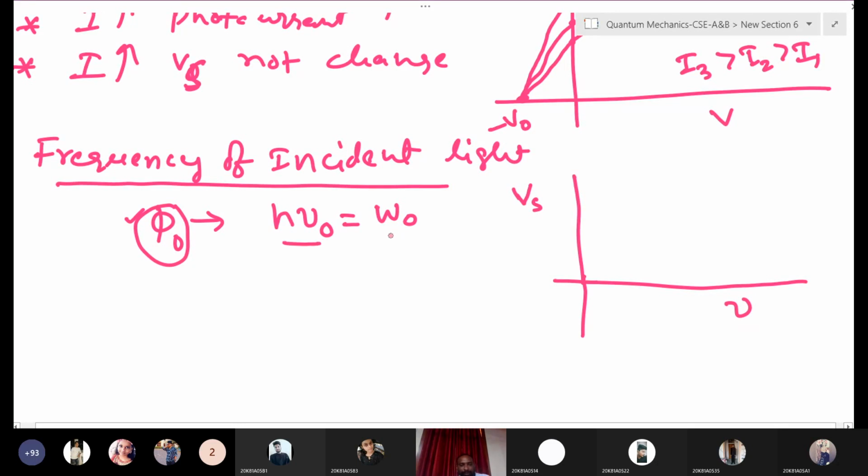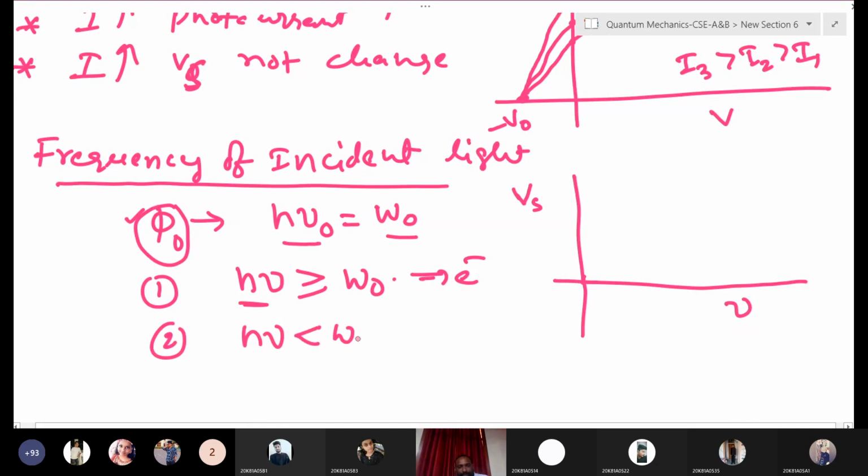This h nu 0 is equal to W0, and the incident photon energy h nu must be greater than or equal to the work function, the minimum energy required to eject the electrons from any material or metal. So if incident energy h nu is greater than or equal to the work function, then only will we get electrons, and the photoelectric effect is possible. If h nu is less than W0, the incident energy is not sufficient to eject the electrons.